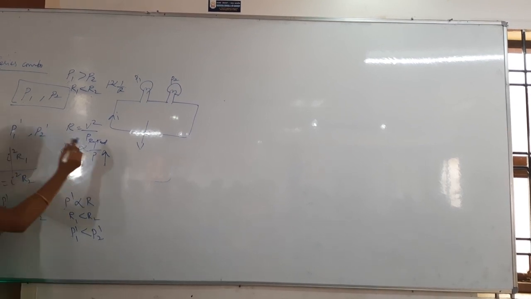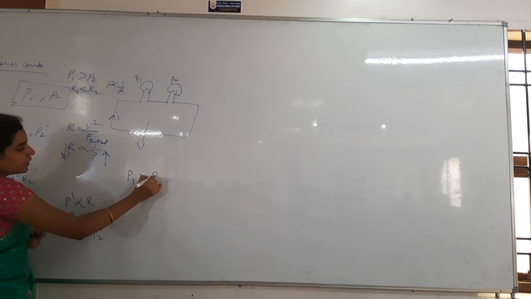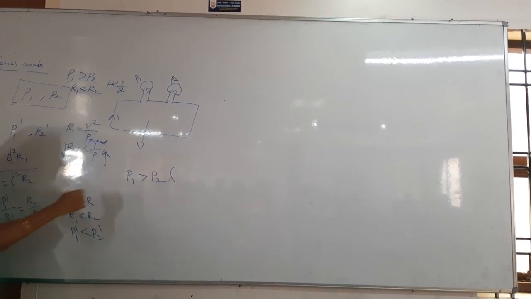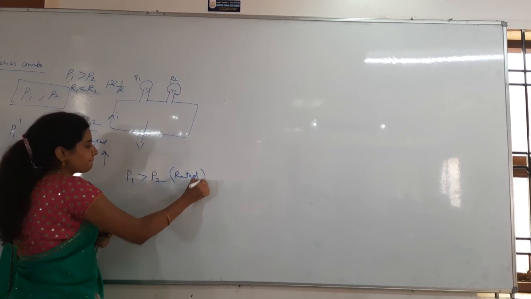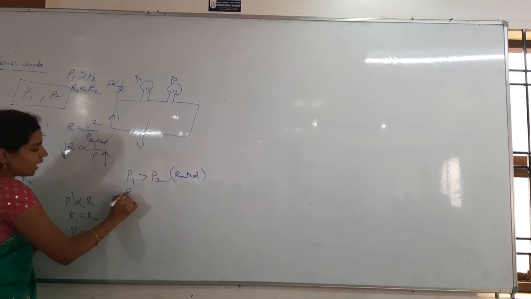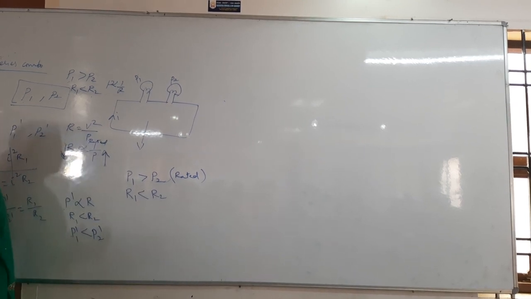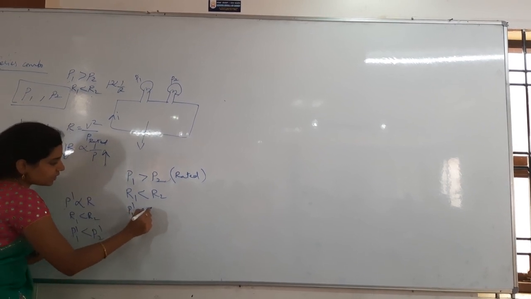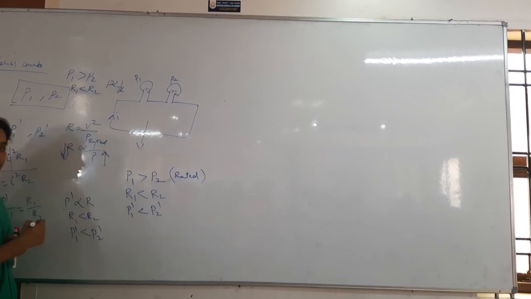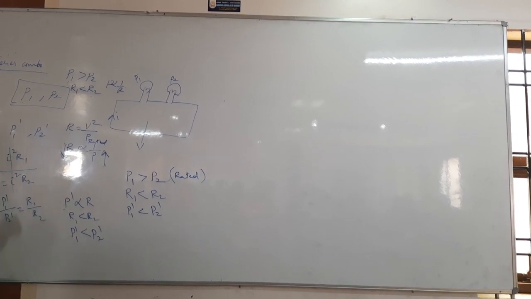Now all together, first I considered that P1 is greater than P2, which is the rated power. After that we got R1 lesser than R2. Why? Rated power is inversely proportional to the resistance. Now P1 dash is lesser than P2 dash. Why? The consumed power is directly proportional to the resistance.